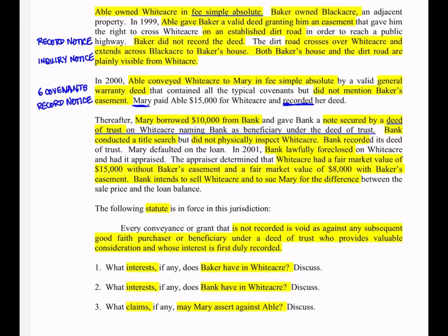Now, this whole hypothetical isn't simple, right? Because call 3 means that you then have to know the 6 covenants contained in a general warranty deed, and you need to be able to discuss those in call 3 when you're talking about claims Mary may assert against Abel. 3 present covenants and 3 future covenants. Present covenants are personal to the grantee.